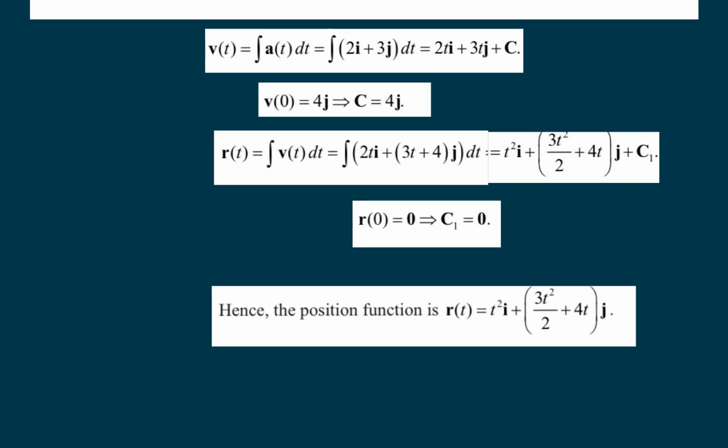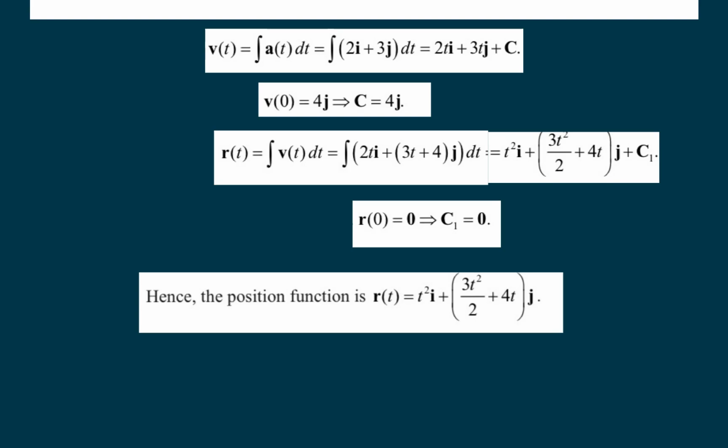Then what we have obtained is that for the acceleration a of t equal to 2i plus 3j, the object will move according to the position vector r of t equal to t squared i plus 3t squared divided by 2 plus 4t j. And the problem is solved.